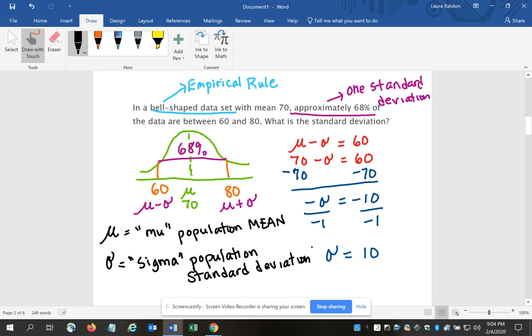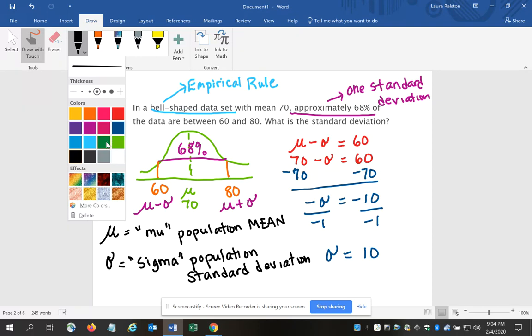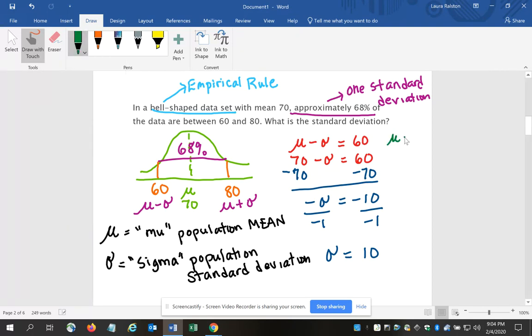Now, just to verify that I'm correct, we looked at the lower end, but we could have calculated using the high value. We could have considered the mean plus sigma, and that would equal 80. We know that the mean is 70, so we'd have 70 plus sigma equals 80.